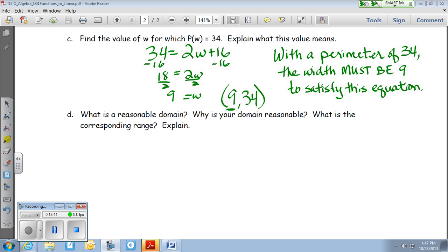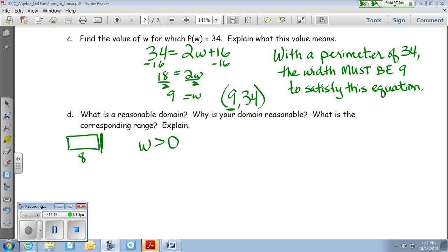Now we're talking about length and dimensions of a rectangle, and when we're talking about length, we never have negative lengths. So we can reasonably say that W, our width, is always going to be greater than 0. We can't have negative lengths. So just think of that rectangle, any size rectangle, it has to have some kind of dimension right here.